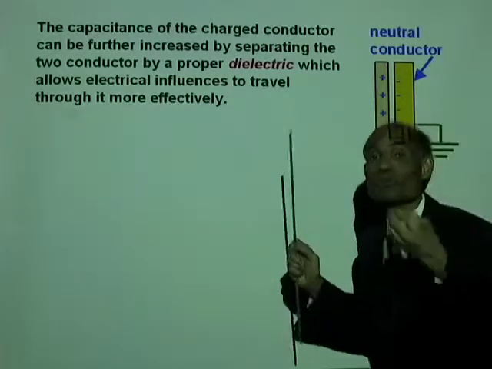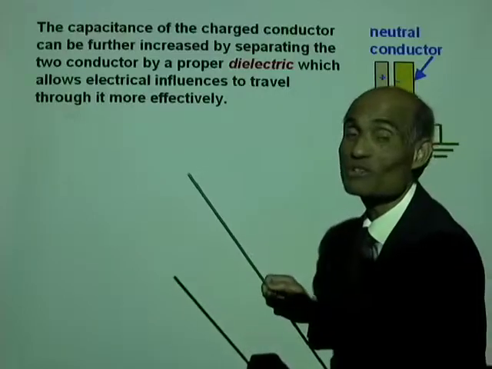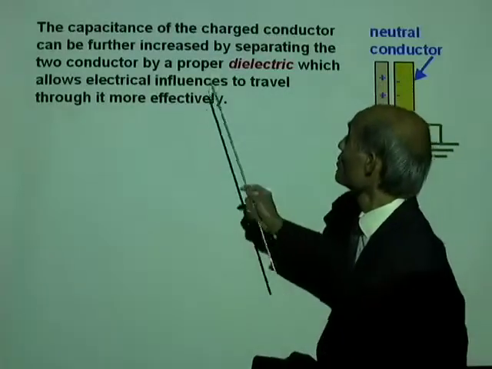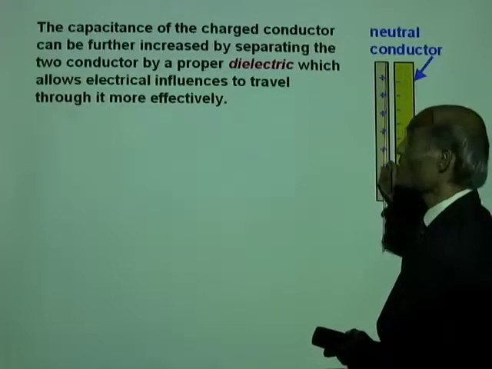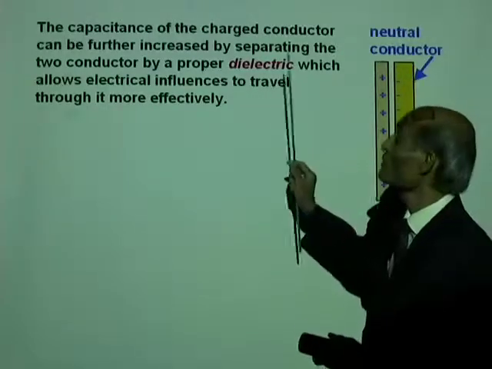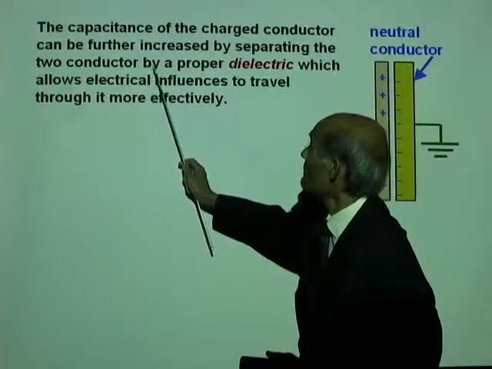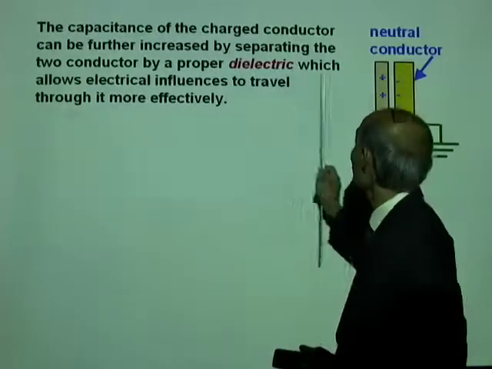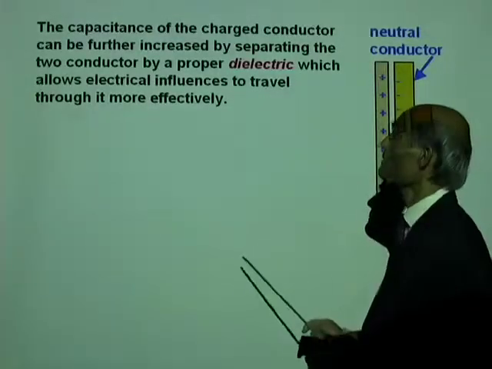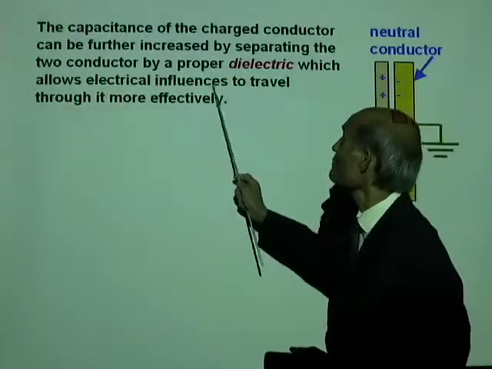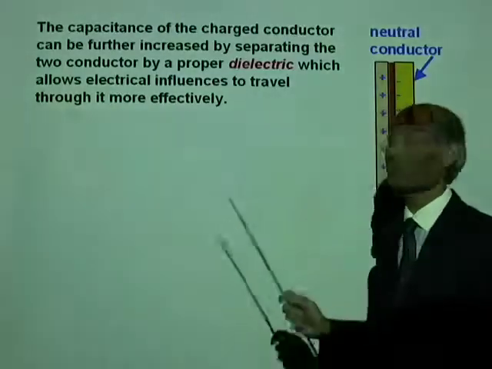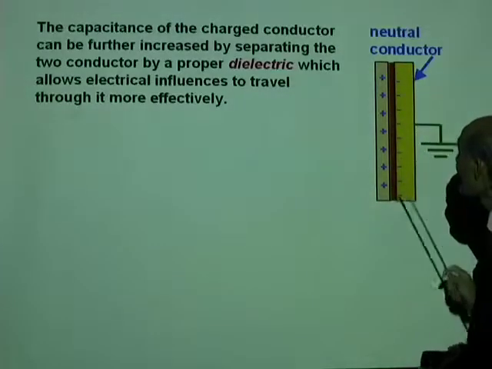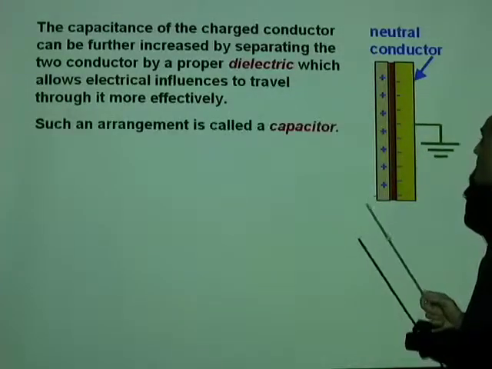You see how the various things that we have been doing increase the capacitance. So the capacitance of this conductor can be further increased by using a proper dielectric between the two conductors, which allows electrical influences to travel through it more effectively. Now here I have a dielectric in between.